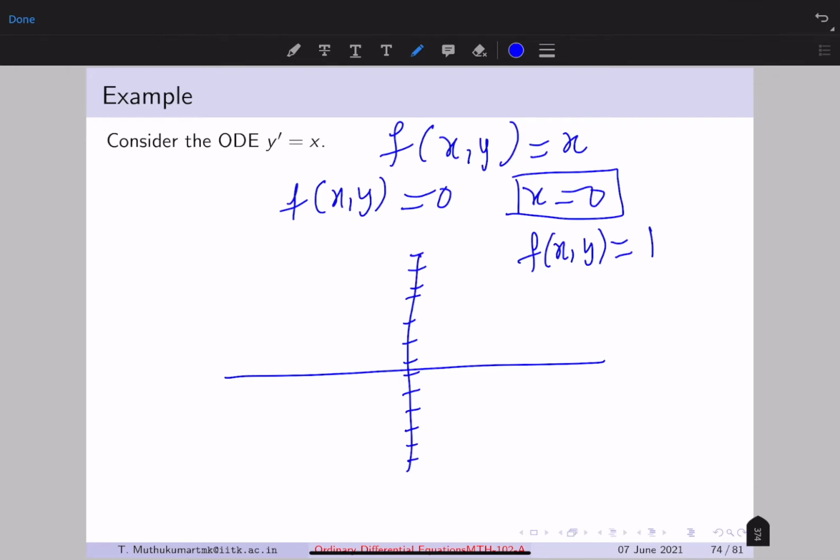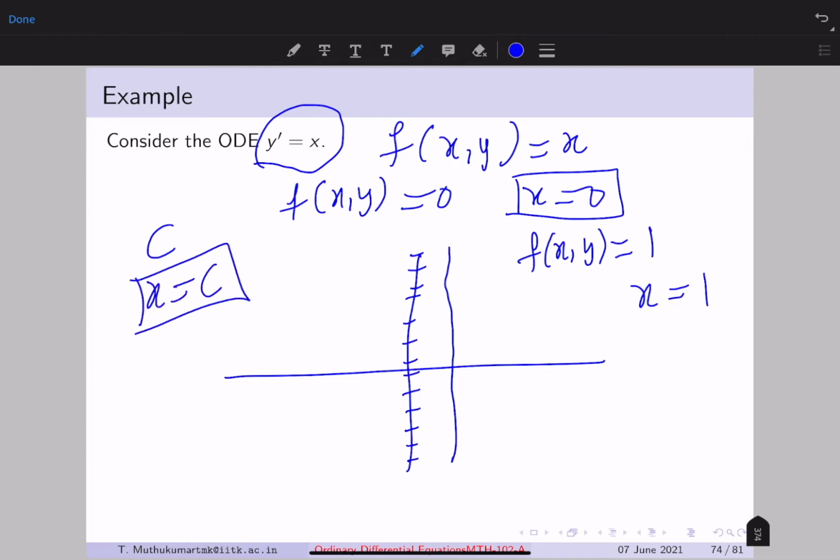Now when is the slope 1? It is 45 degrees when x is equal to 1. When is x equal to 1? Along this line. So all your isoclines are actually vertical lines in this example. So the isocline where the slope is c is precisely the vertical line x equal to c. So on this line you see it's all slope 1.